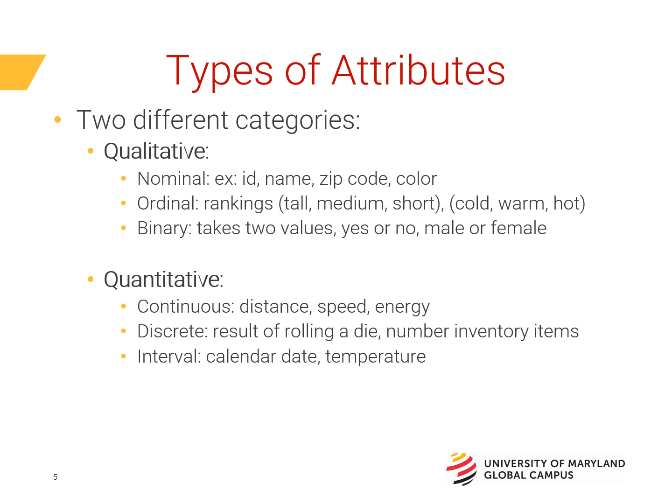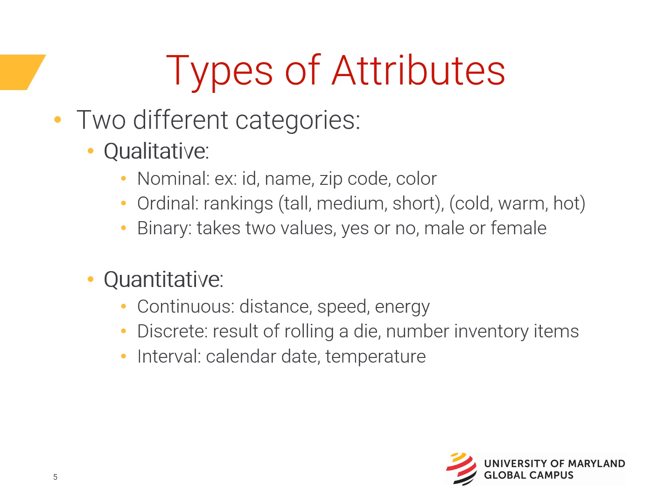Types of attributes: in general, there are two different categories. Those are broad categories, qualitative and quantitative. Qualitative are subjective, in general text-based, and qualitatively describing something. Quantitative are more objective. They're in general numbers of some type. For the qualitative, here are shown 3 different types: nominal, such as ID, name, unique ID, zip codes, colors.